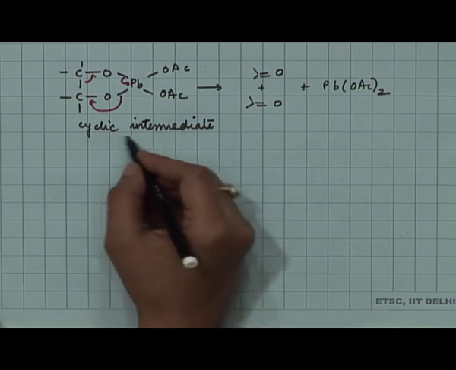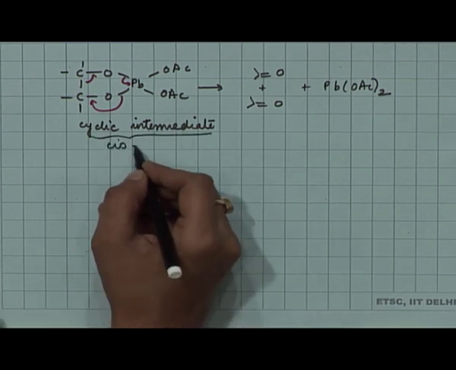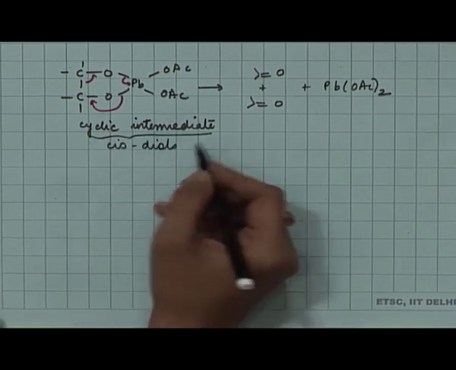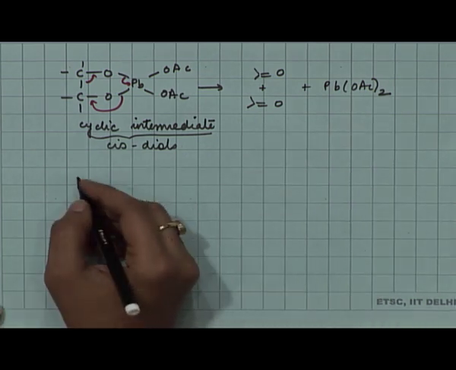This mechanism explains why cis diols would react fast and give you these oxidation products.